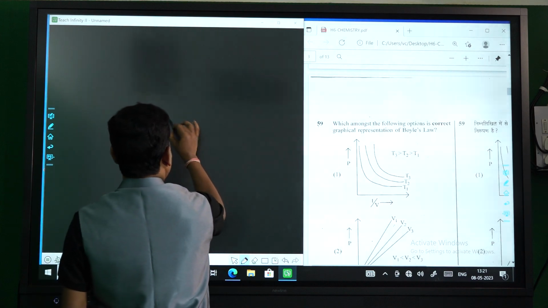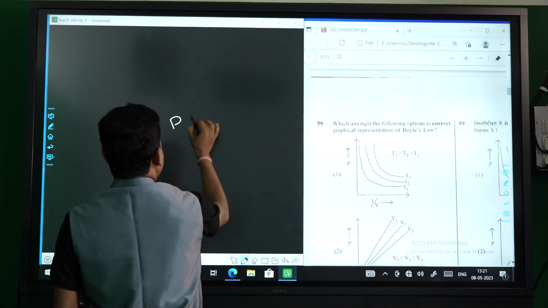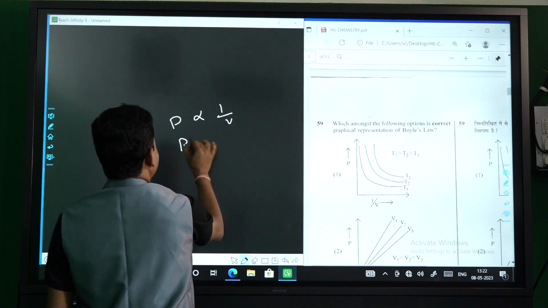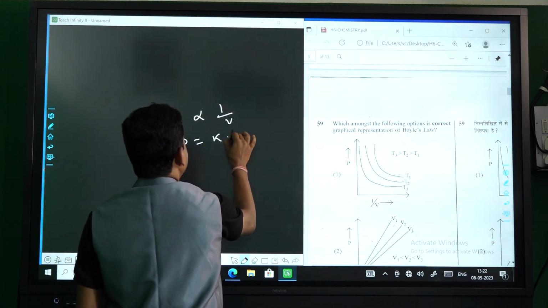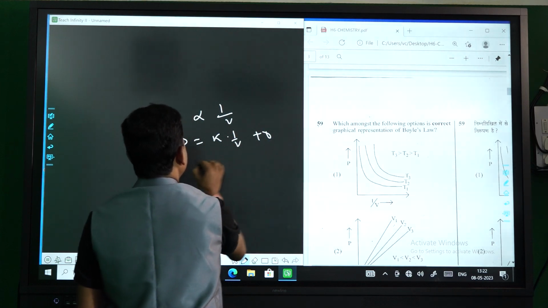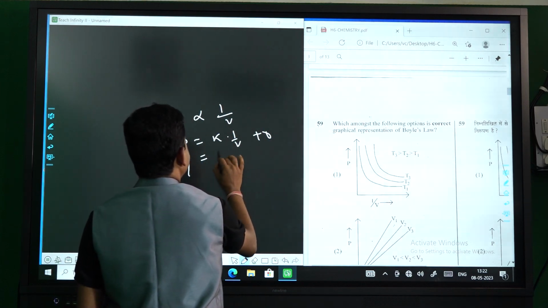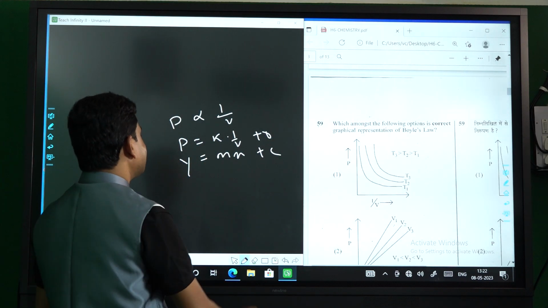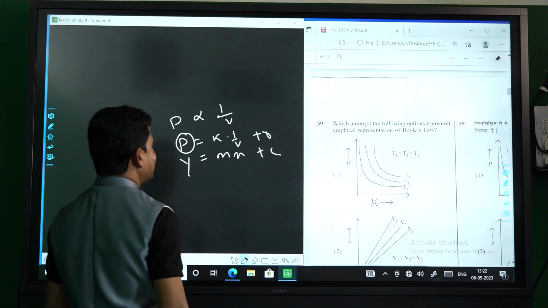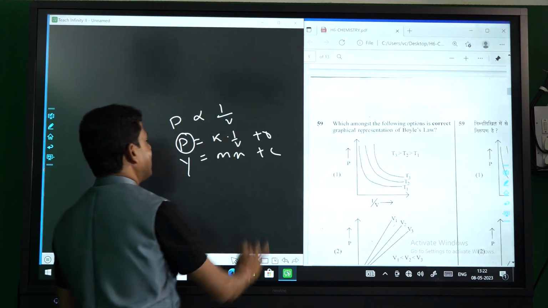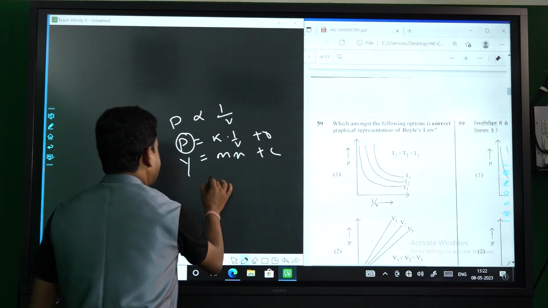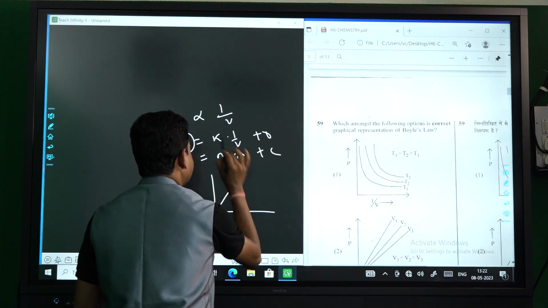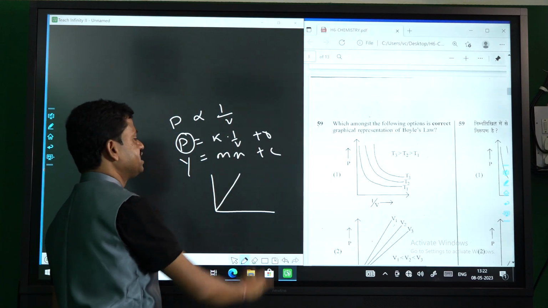Dear students, in that question, according to the statement, pressure is inversely proportional to volume, P equals K into 1 by V plus 0, like y equals mx plus c. So dear students, if pressure is on the y-axis and 1 by V is on the x-axis, then your graph obviously starts from the origin because the intercept is 0.